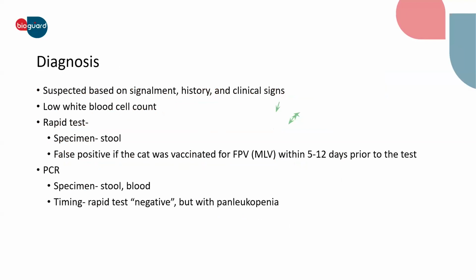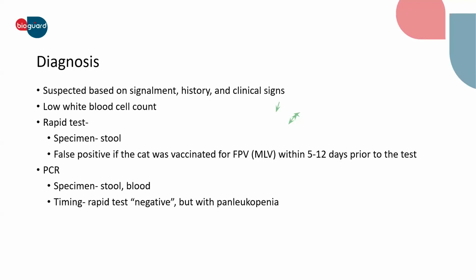And for the diagnosis of FPV and CPV in cats, mostly when the cat comes to the clinic, most vets may have an initial suspicion of FPV or CPV infection, similar to the dog.